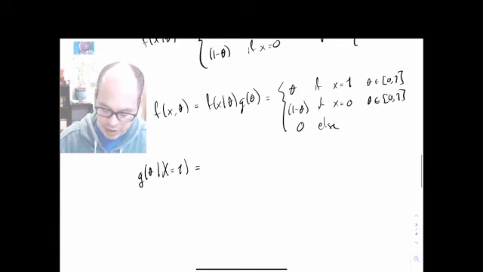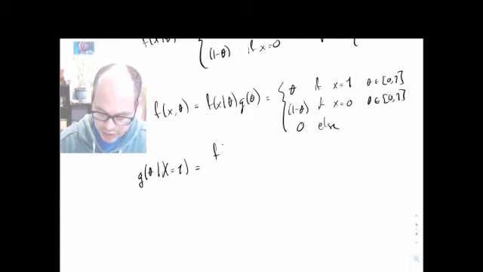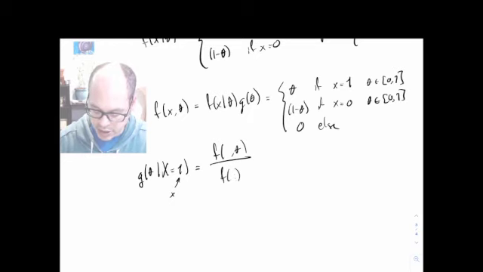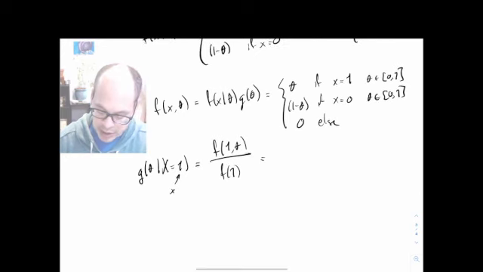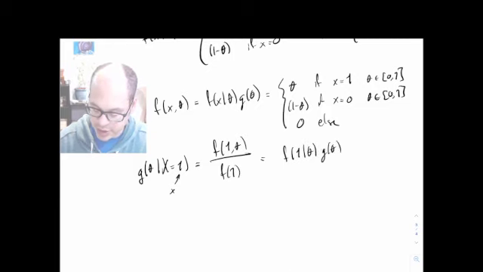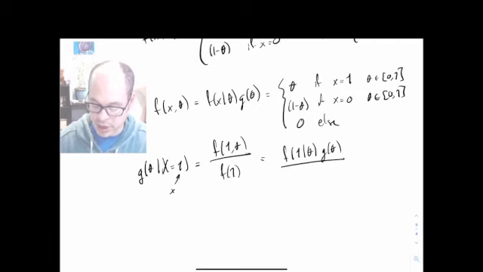As we just described a moment ago, the formula is the joint density function divided by the marginal density. Of course, this is the value for x, so I'm really evaluating this at 1. Okay. f of 1, theta, that's f of 1 given theta times the probability of theta, divided by the marginal density, which is the integral over theta from 0 to 1 of this thing on the top.